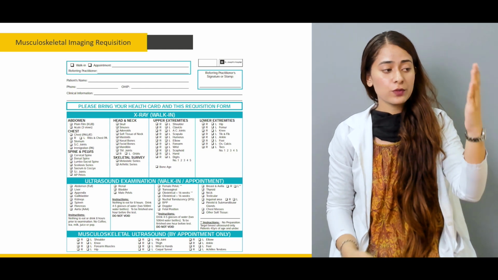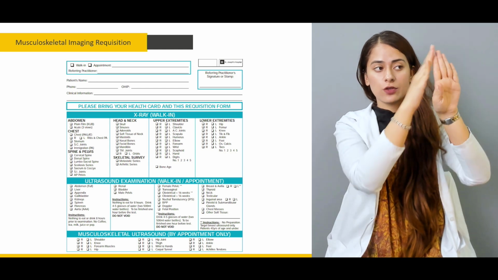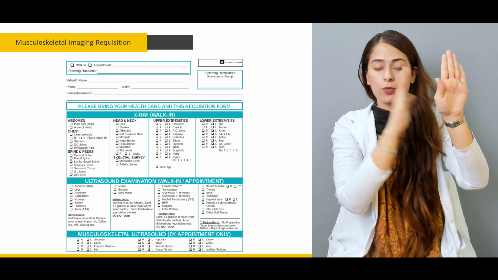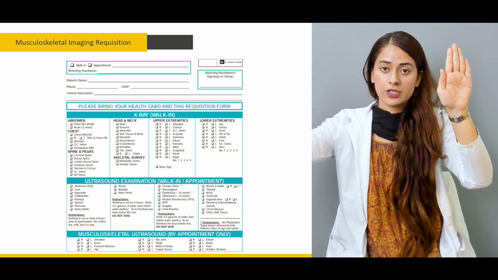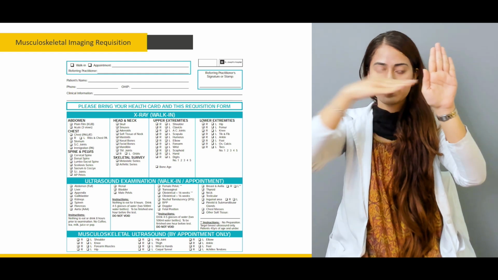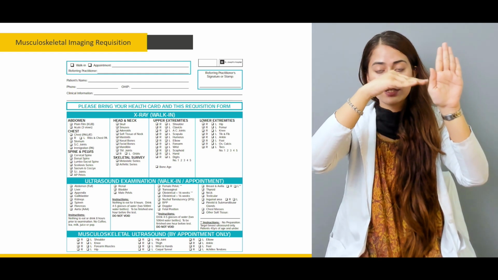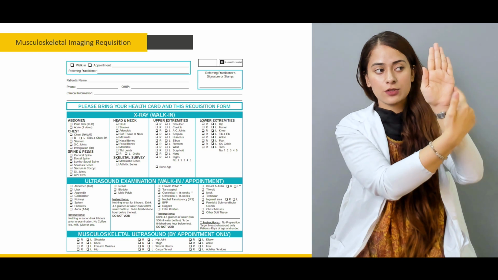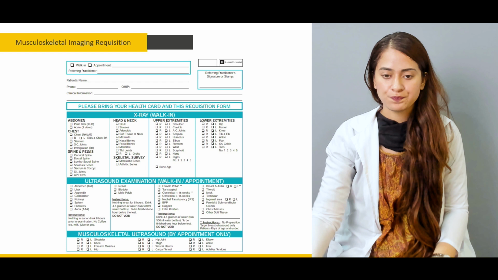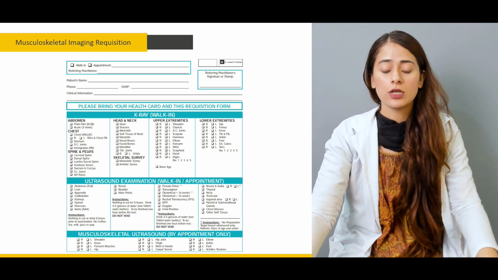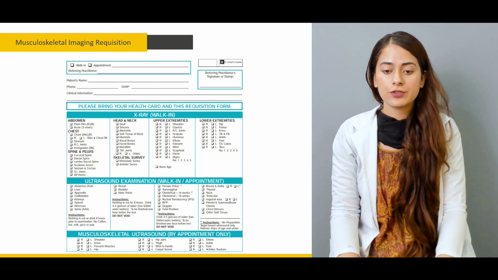And then the lateral view will be if the lateral side of my hand or body segment is facing the X-ray generator, and the X-rays first enter through the lateral surface and exit through the opposite surface. So this is the basis of views in X-rays.